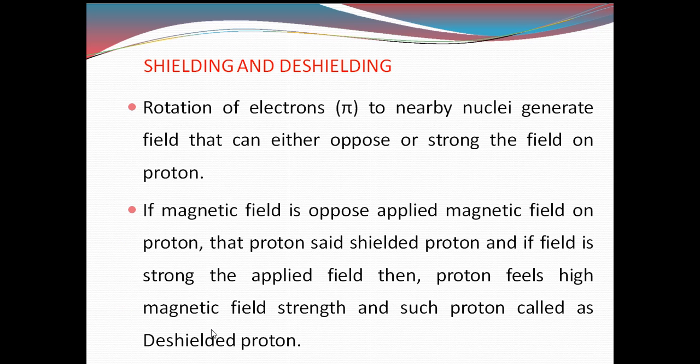Okay, so what is meant by shielding and deshielding? I already gave some introduction. The rotation of electrons near a nucleus generates a field. Whenever a proton is present, around the proton there may be some amount of electrons, and those electrons cause a field on the proton.